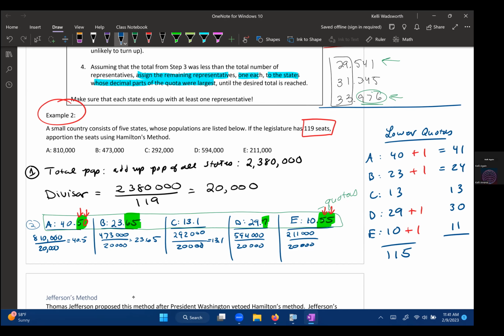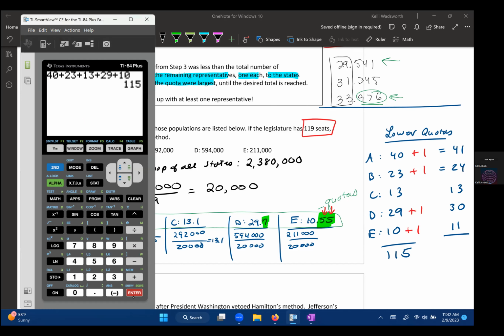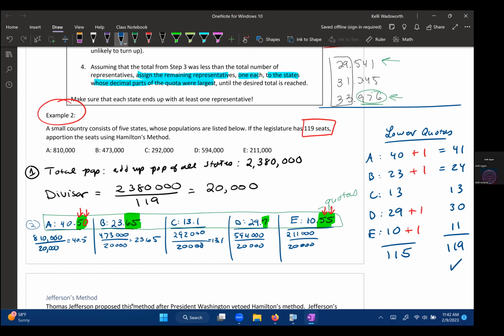Now, just to double check, does that actually add up to 119? 41 plus 24 plus 13 plus 30 plus 11. Indeed. So we have now apportioned the 119 seats of the legislature of this small country to the 5 states according to Hamilton's method.